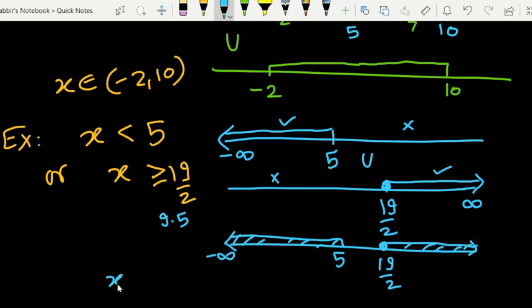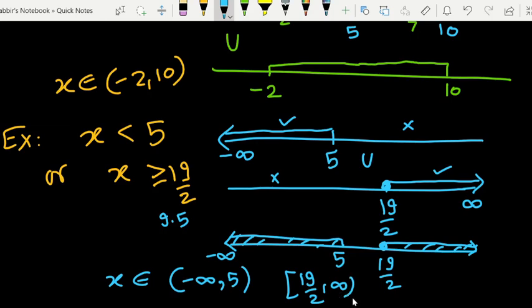So x belongs to, now the question arises, how do we write this? Because so far, there was only one continuous portion of inequality solution on the number line. Now we have two portions of solutions scattered on the number line. One is this, and 19 by 2 to infinity is also there in our solution set.